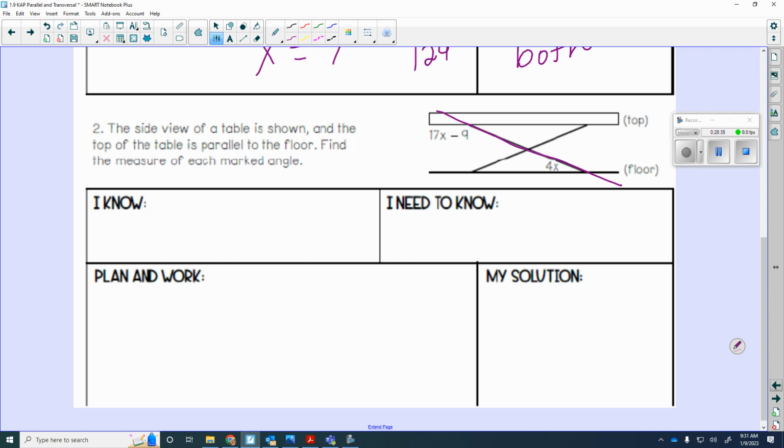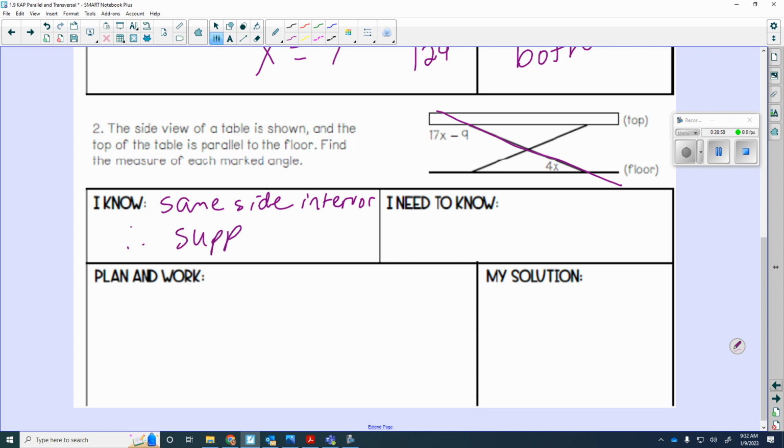Okay, so now we need to figure out what is the relationship. Well, they're on the inside and they're on the same side. So they are same side interior. Therefore, supplementary.